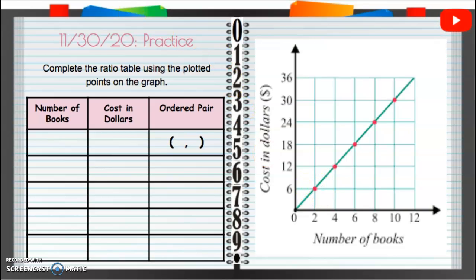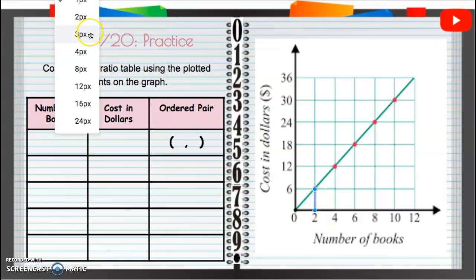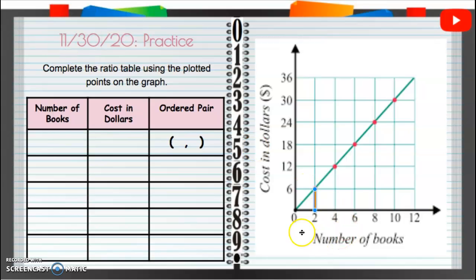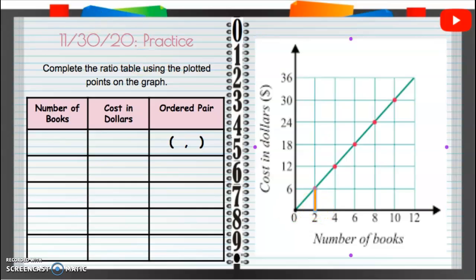So first of all, our first point, do you see this red point here? For that first point, I'm going to draw a line here. So we go over to that 2, and that 2 is the number of books, 2 books.